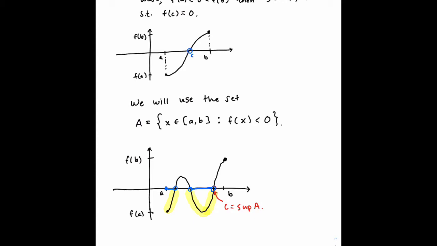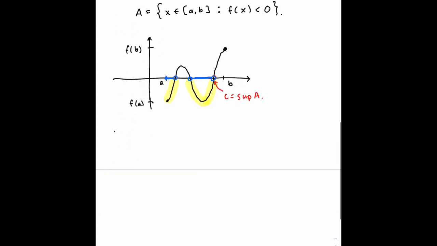So what we're going to show is that f of c equals 0 when c is the sup of A. And we're going to do this by contradiction.